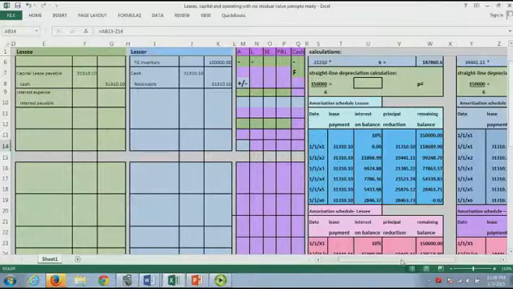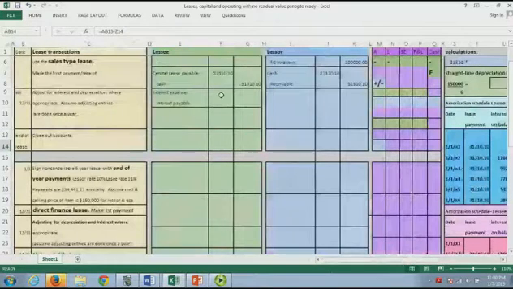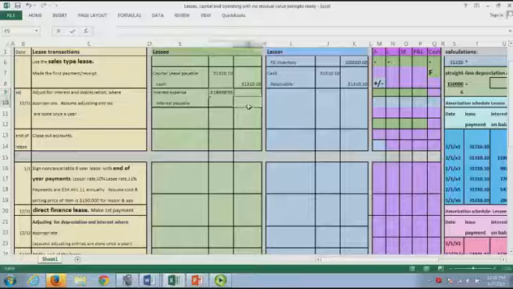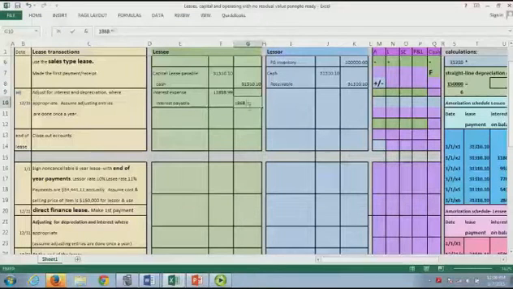So $11,868.99. Okay. So that's the accrued interest.